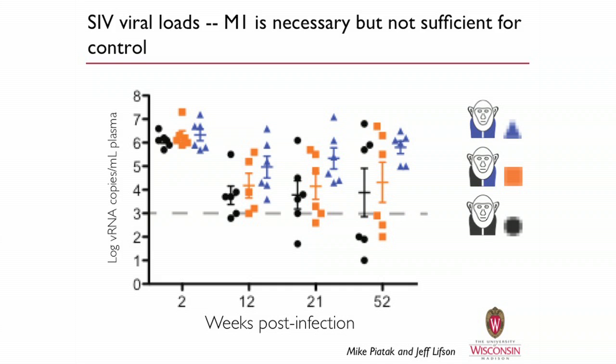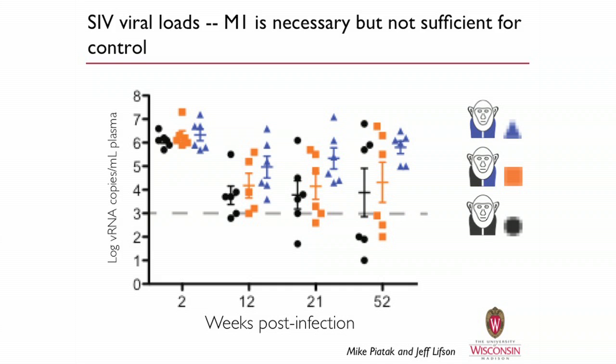And interestingly, you see that same phenomenon that I mentioned to you before, where we have animals who are MHC identical to one another who are not exhibiting the same viral loads. You have a group of M1 homozygotes with low viral loads and a group of M1 homozygotes with high viral loads, and a group of M1, M3 heterozygotes with low viral loads and a group with high viral loads.